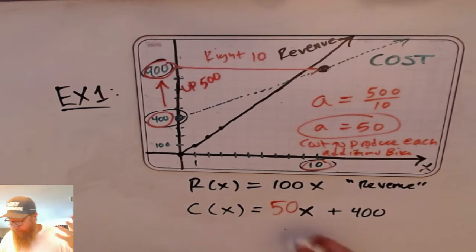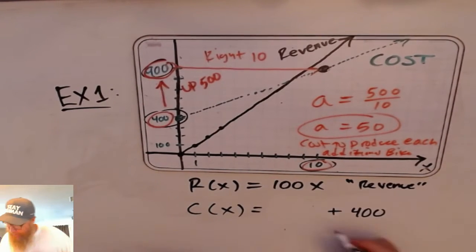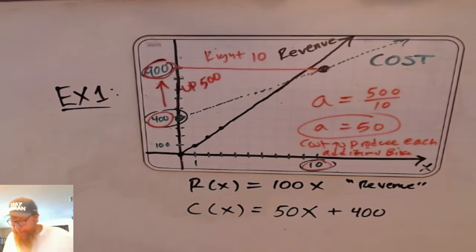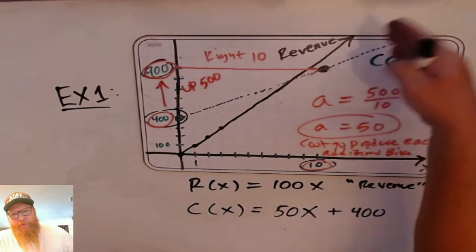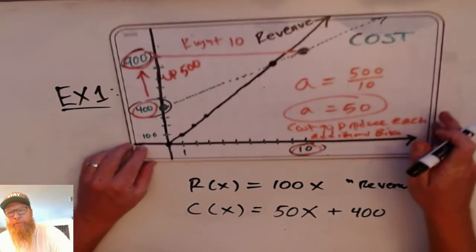And now if you want to answer all of the subsequent questions about things like, I don't know, break-even points or what have you, margin of profit, so our margin of profit will be over here, past the break-even point. Let's go ahead and find the break-even point.